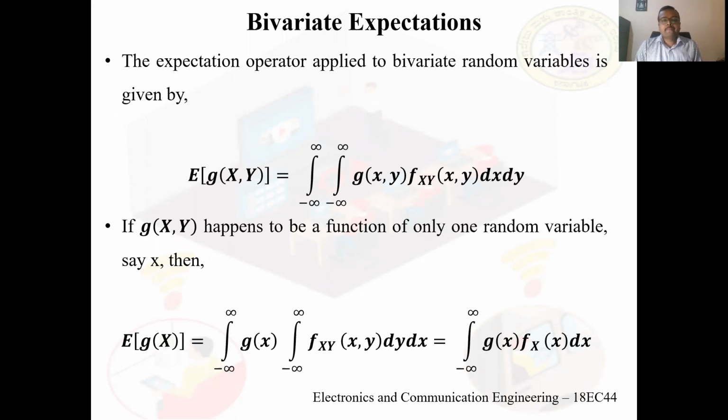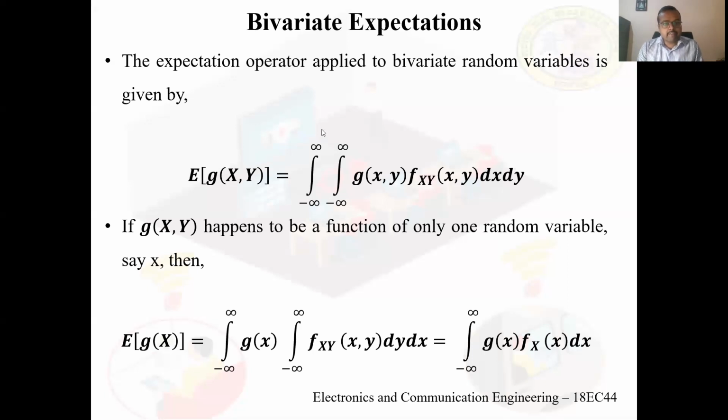By this time, you know what is expectation of a single random variable as you have studied in module 1. Now we'll study expectations for bivariate random variable, right? We know for single random variable, the expectation is given as E of x is equal to integration minus infinity to infinity x fx of x dx.